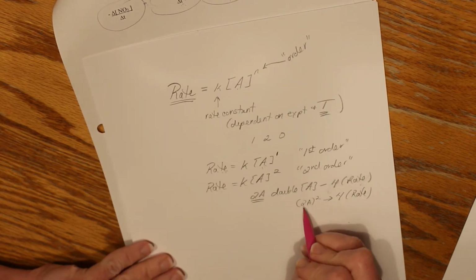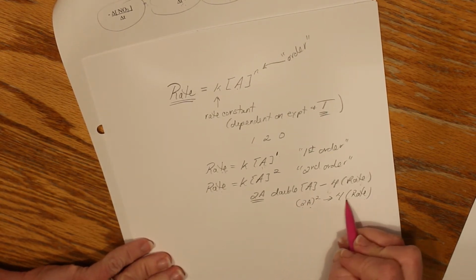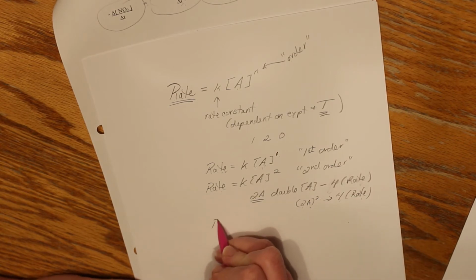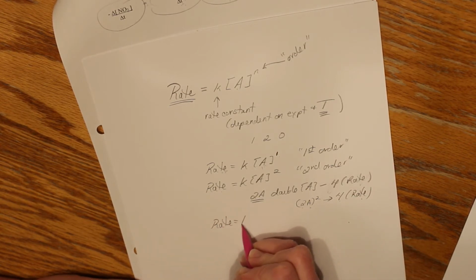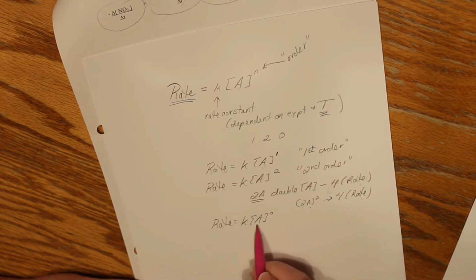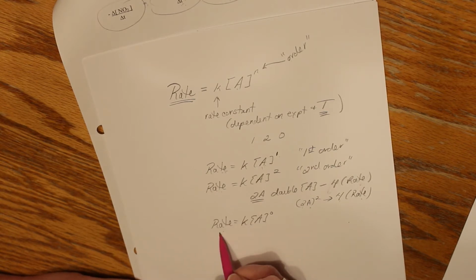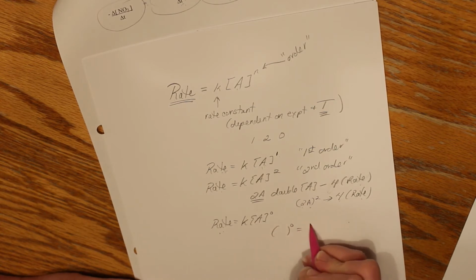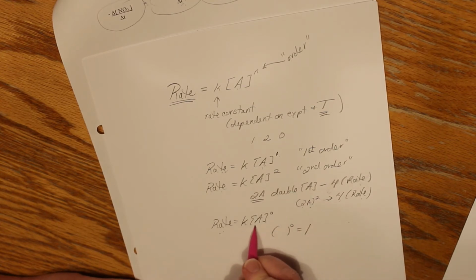If we triple A, well then the rate will be increased 9-fold. If it is 0 order, whatever change we make to A has no impact on the rate. So if we double A, nothing's going to happen to rate because of course something to the 0th power is just 1. So whatever we do to this, cut it in half, nothing's going to happen to the rate.